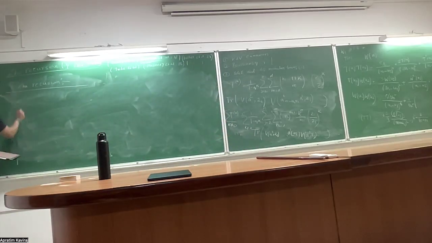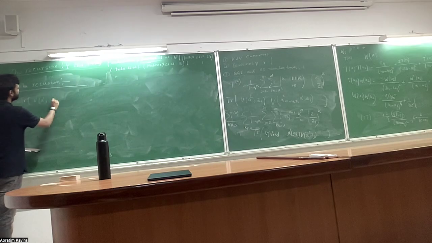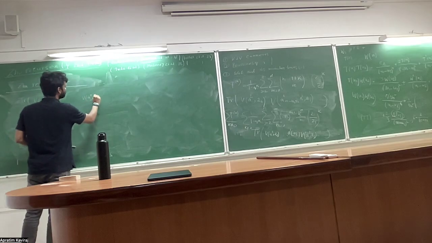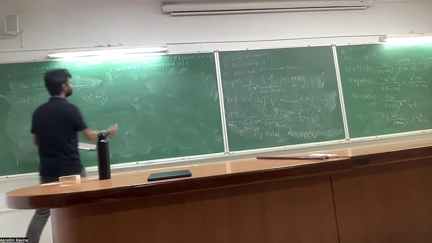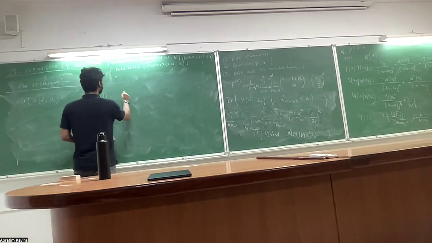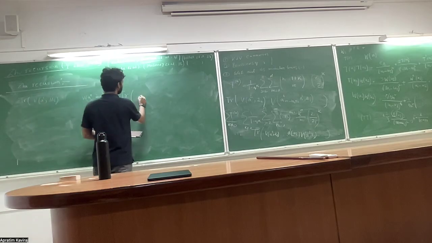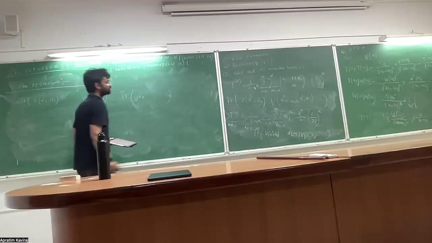The total n-point function can be written as the trace of the zero mode of the first object, which is a1 zero mode, and the other function which is there.